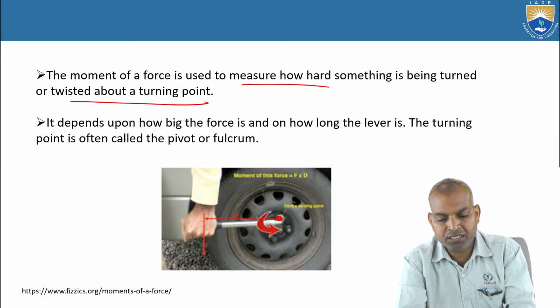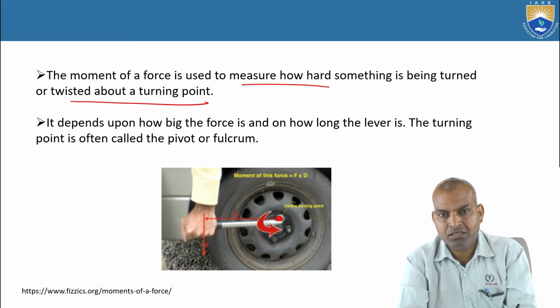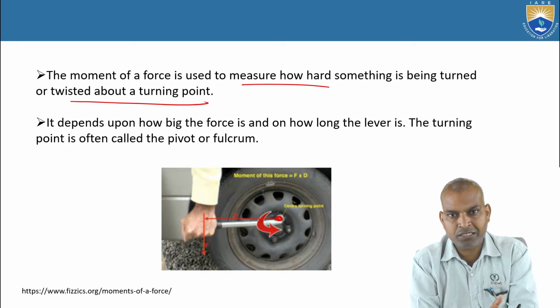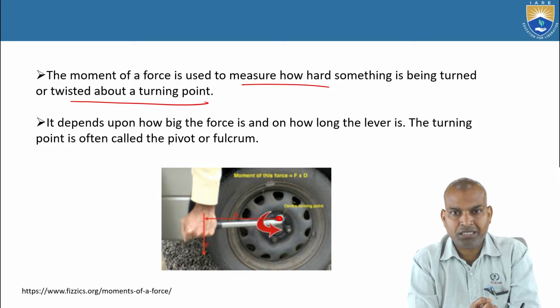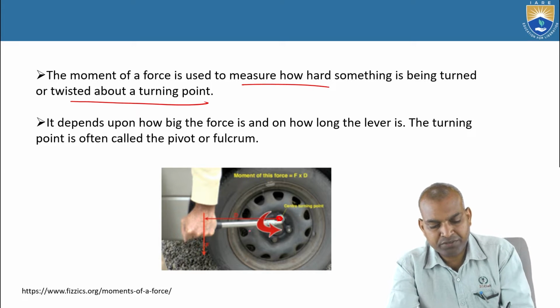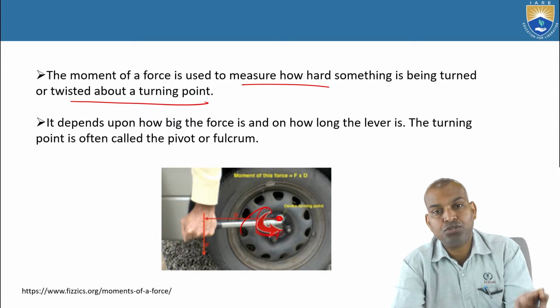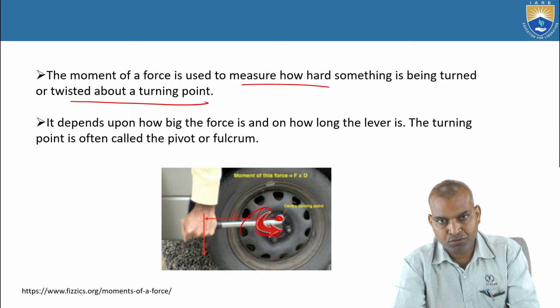Here the turning point is the nut. If you want to tighten or loosen, screw or unscrew, you have to apply a moment force. That force causes a moment that gives the torque, the twisting movement that rotates and tightens the screw.